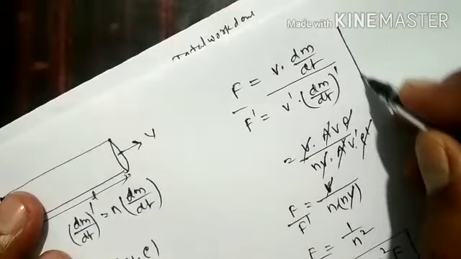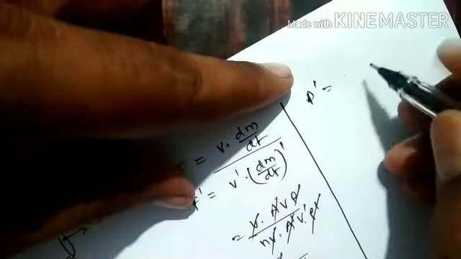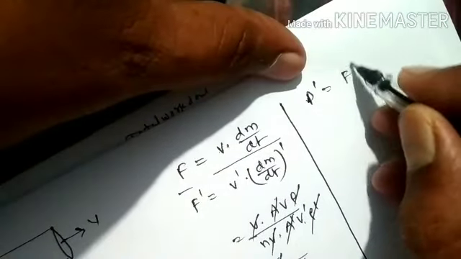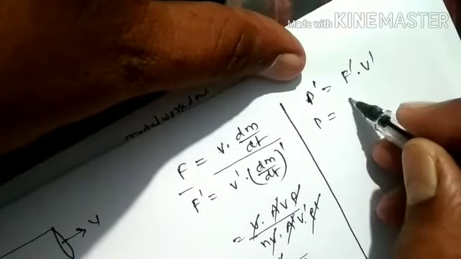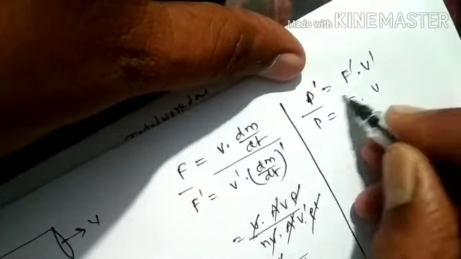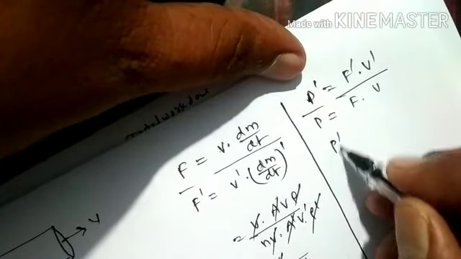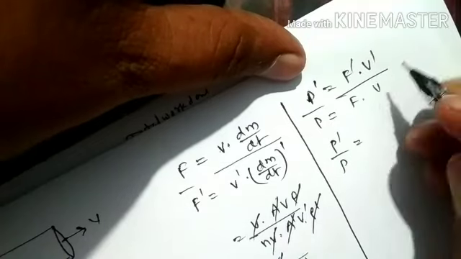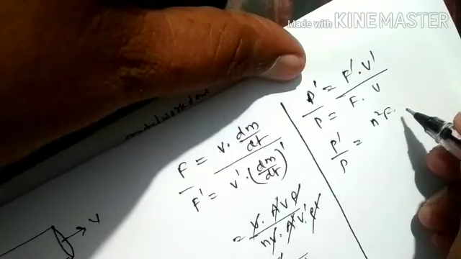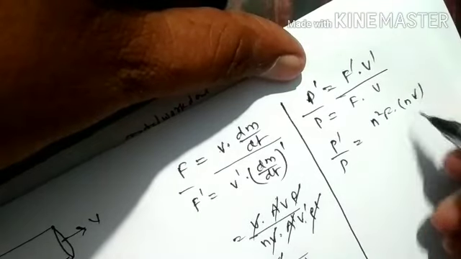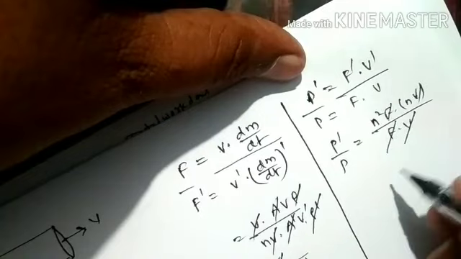And similarly if you consider power P dash, I will start with the second case only. P dash is equal to force F dash into V dash, and power P is equal to force F into V. So you can take the ratio. So power P dash by P is equal to force F dash, F dash means it is n square F, V dash means it is nV, divided by force F into V. V and V get cancelled, F and F get cancelled.